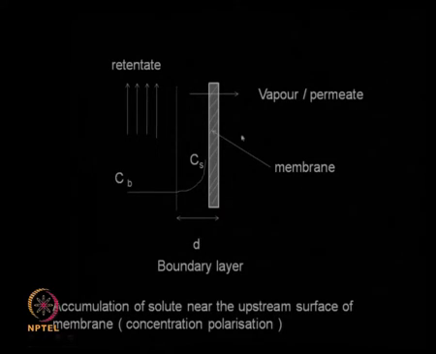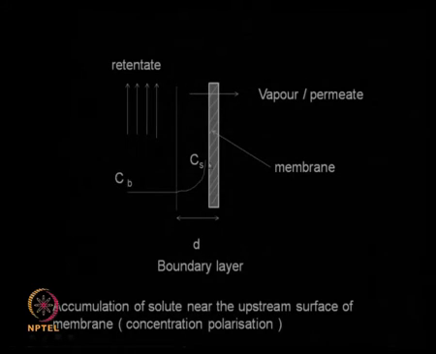For example, we have the fluid flowing through the membrane material perpendicularly. Whatever is on the upstream is called the retentate, and whatever is on the downstream is called the permeate. There is always going to be a boundary layer. So, the concentration of the species in the bulk is Cb, and the concentration of the species near the upstream side of the membrane will be much higher, and that is called Cs, and Cs is going to be much larger than Cb.